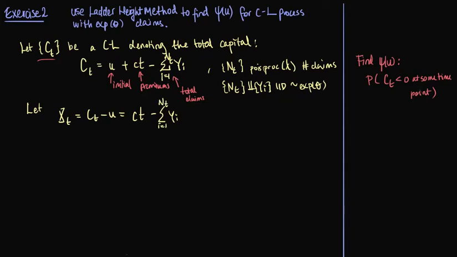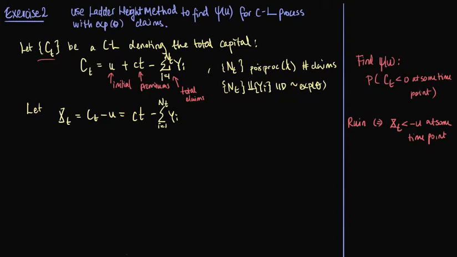Now, the event of ruin can be expressed in terms of X in the sense that we will have ruin if and only if X goes below minus u at some time point, since that is exactly when C will be negative.